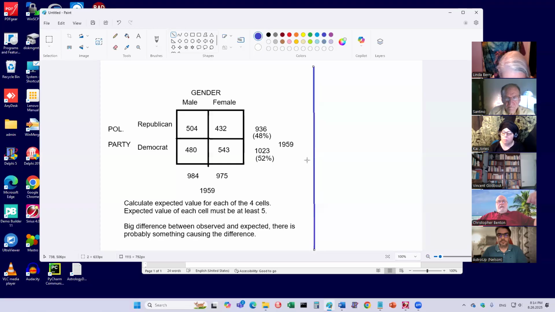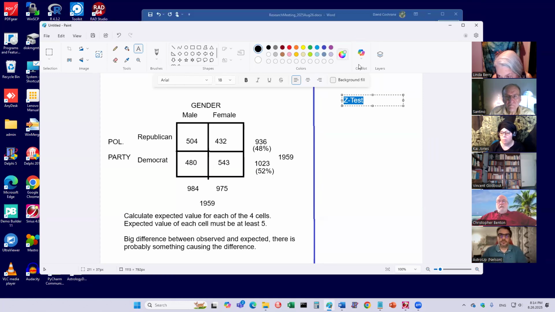You might have the number of Republicans, 504, the number of women who vote Republican, I think that's 432. But then you deal with the column totals here. You look to see what percentage of this column total is 504, what percentage of this column total, 975, is 432. And you're asking the question usually, are those 2 percentages close to one another?